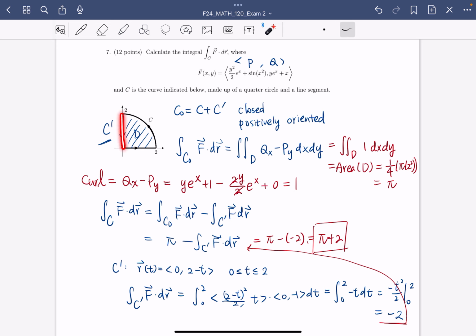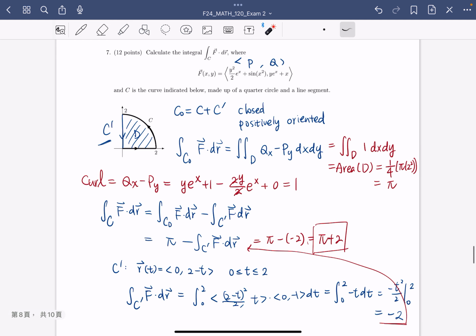We can add the C prime to complete the curve into a closed curve, C0, so that it's positively oriented for the disk D. Then the computation is a lot easier because the curl is simple and the vector line integral is simple for C prime, right?